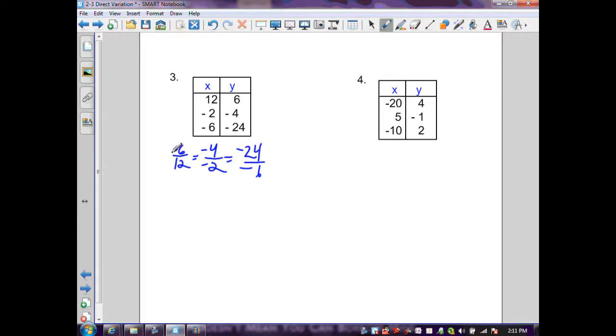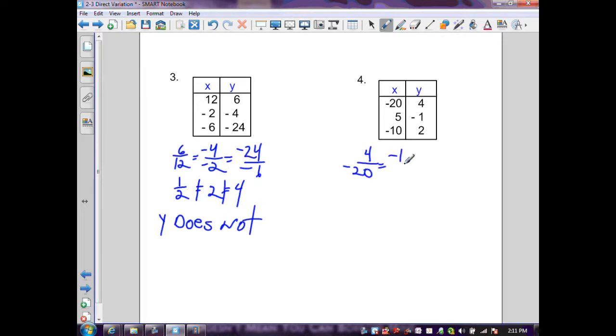That's going to give me 1/2, 2, and 4. On this occasion, this is not true, and y does not vary directly with x.